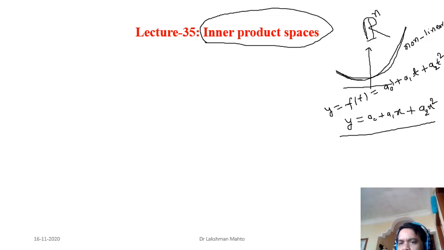Right now this curve looks like a nonlinear structure in R2. Now, how can we convert this into a linear pattern? So we can convert. How? Bring the variable terms to the left-hand side and write it this way.